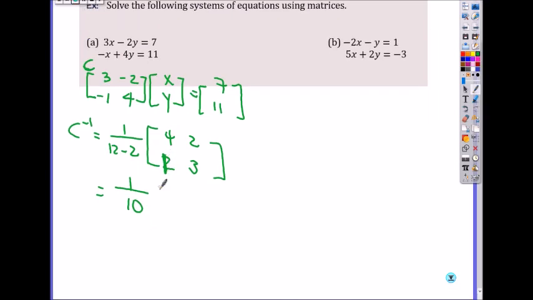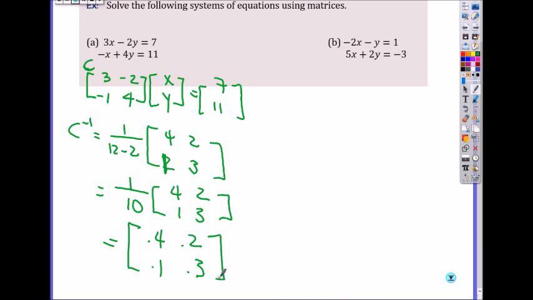So it's [4, 2; 1, 3]. So basically, what are you doing? You multiply by 0.1 to all 4. So you get [0.4, 0.2; 0.1, 0.3]. That's the inverse of this matrix.